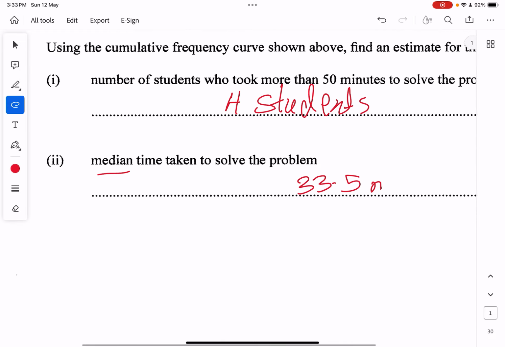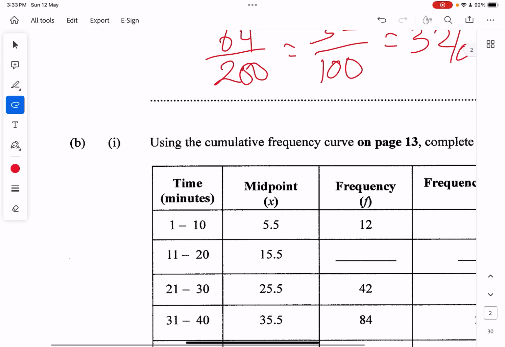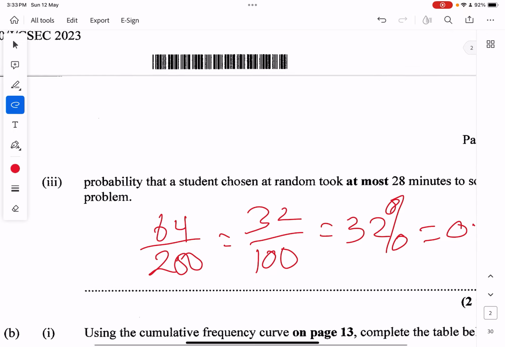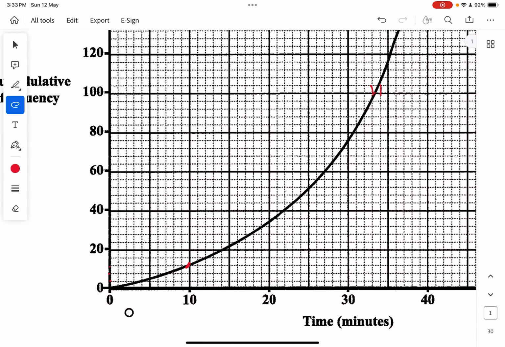And then we have to figure out from 11 to 20. So at 20 minutes, we end up there, and we end up midway between this line and this line here. This is going to be between 32 and 36.